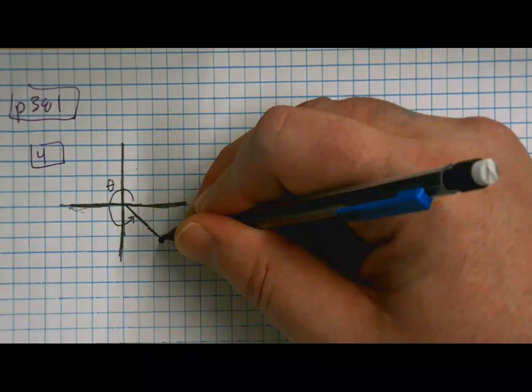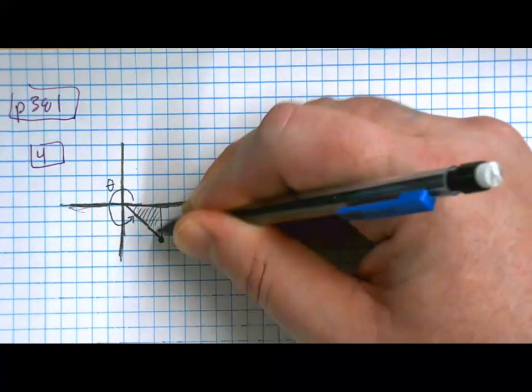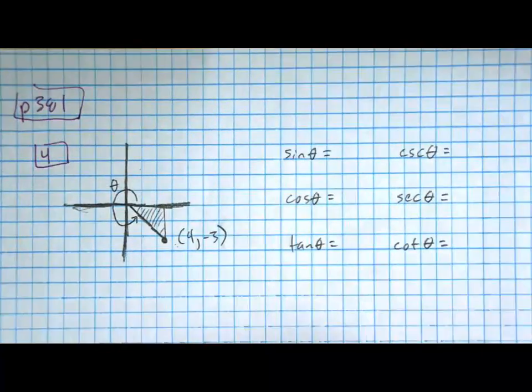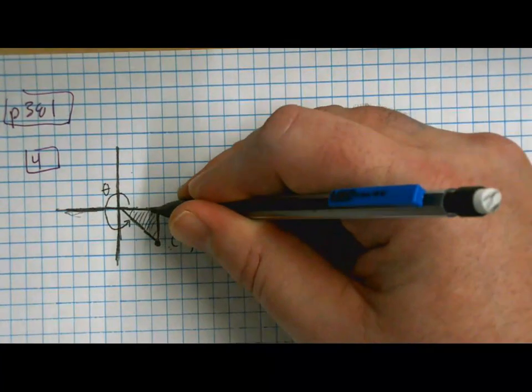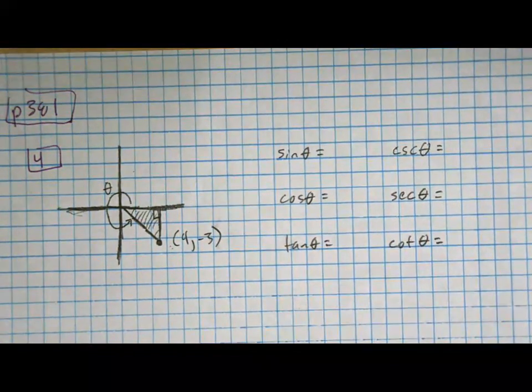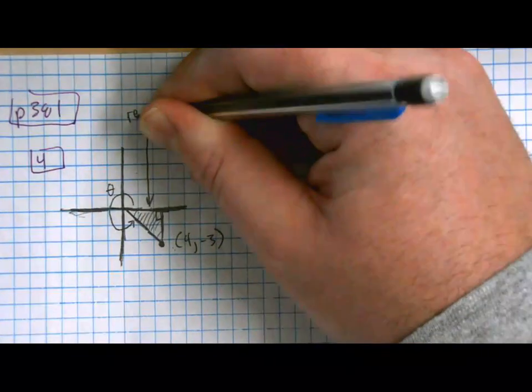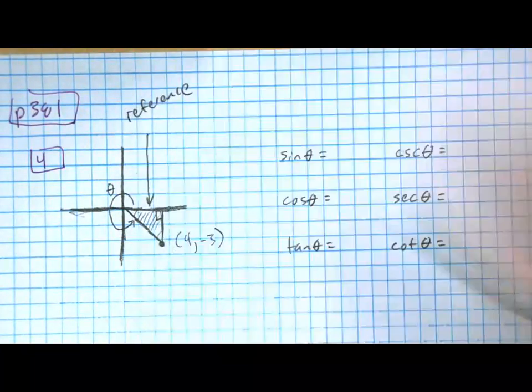In this case, my reference triangle would look like this. Okay, it's a right triangle, and it connects back to the x-axis always. Never the y-axis, always the x-axis. Make yourself a little note that this is called our reference triangle.